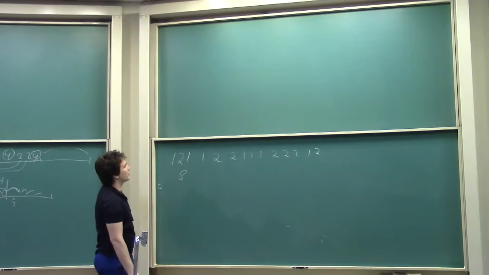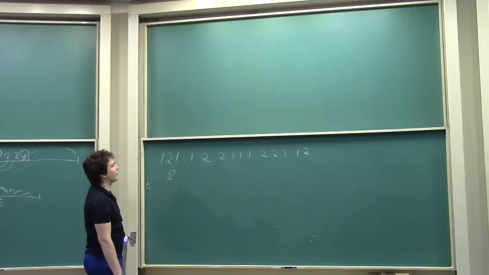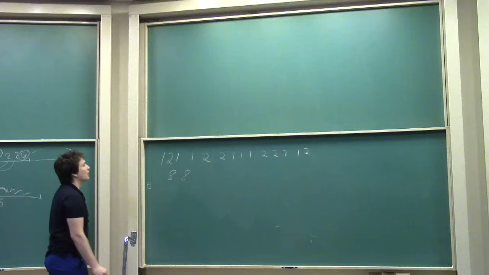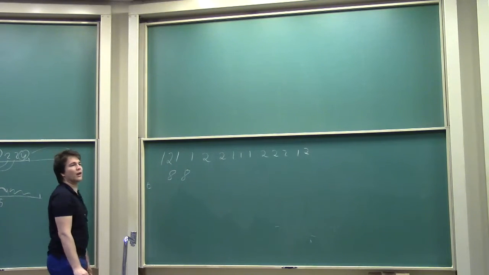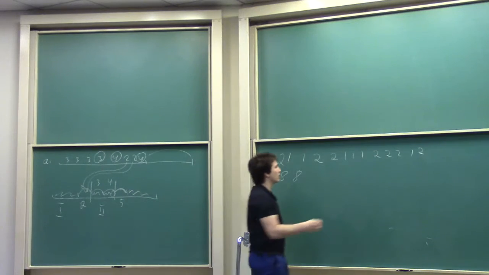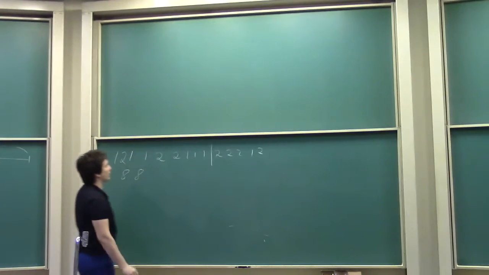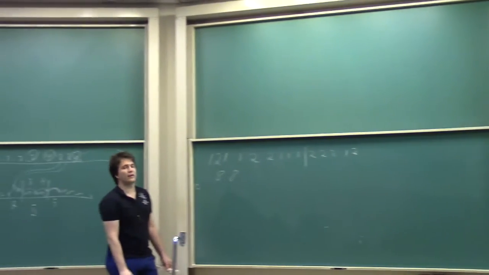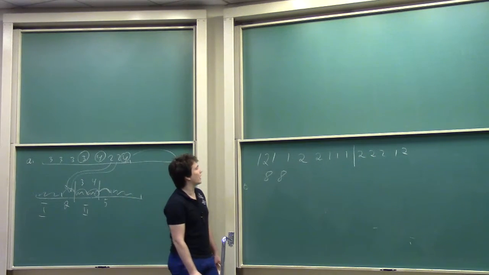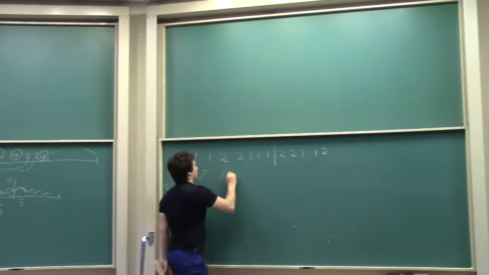So taking all 2's and then 1's will give you 8 as well. But if you try all the positions to break this sequence, for example, you break here and then you take all 1's to the left and all 2's to the right, you can get 10. That's way better.